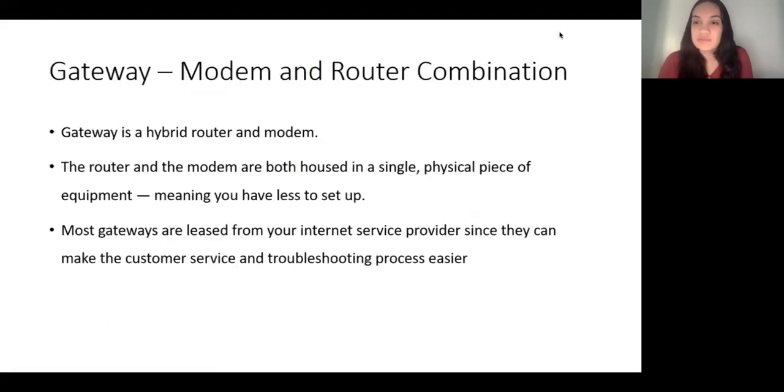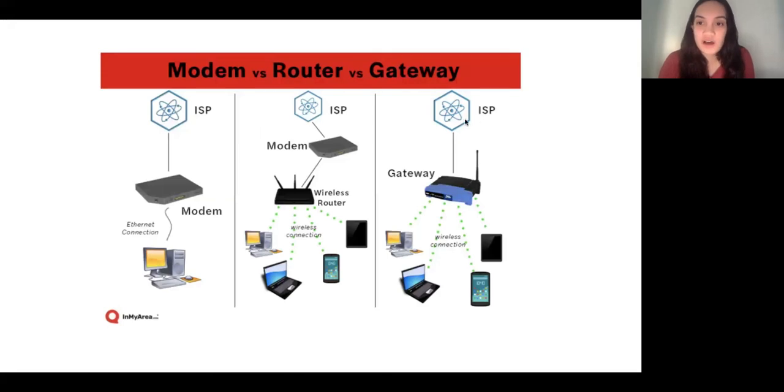How about Spectrum, that cable Spectrum? Is that a cable, but is it also a gateway? So Spectrum could fall under an internet service provider. If Spectrum is the one that you're paying your internet bill to and your cable bill to, then yes, they can be considered that as well.